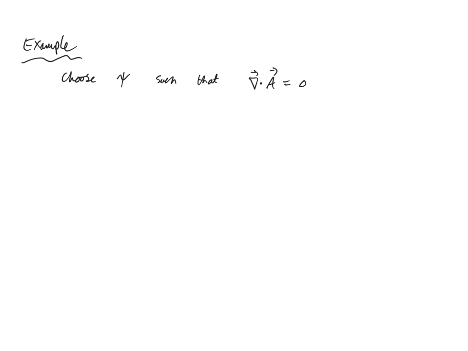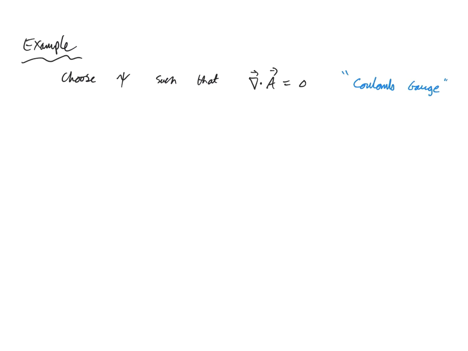Now, this requires a little bit of thought, but basically what it's saying is whatever divergence the original vector potential had, I just choose a scalar potential such that when I take the gradient of it, it cancels that out at every point in space. And we call this particular choice the Coulomb gauge. And it's quite a useful thing, and we'll see it in action in a moment.